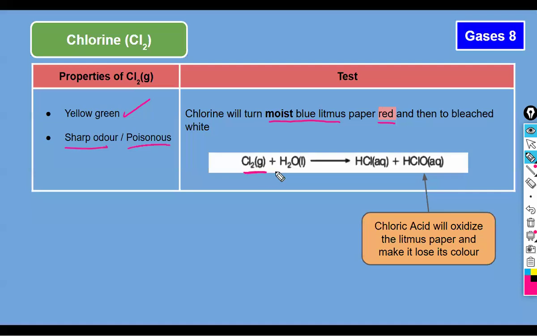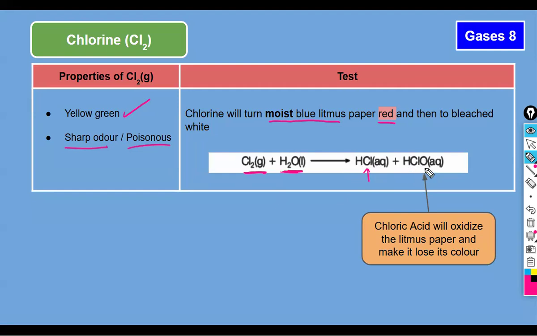The chlorine gas will combine with the moisture on the blue litmus paper, and it gives you the famous HCl, hydrochloric acid aqueous, right? The real hydrochloric acid.